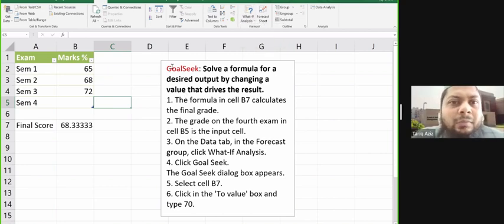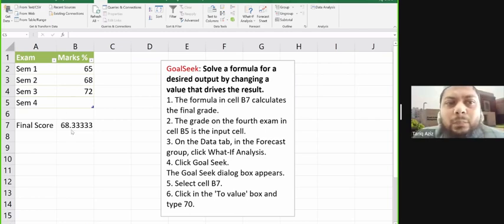In this particular problem that is visible on your screen, there is a student who has earned 65% in first semester and 68% in second semester, and in third semester he has earned 72%.